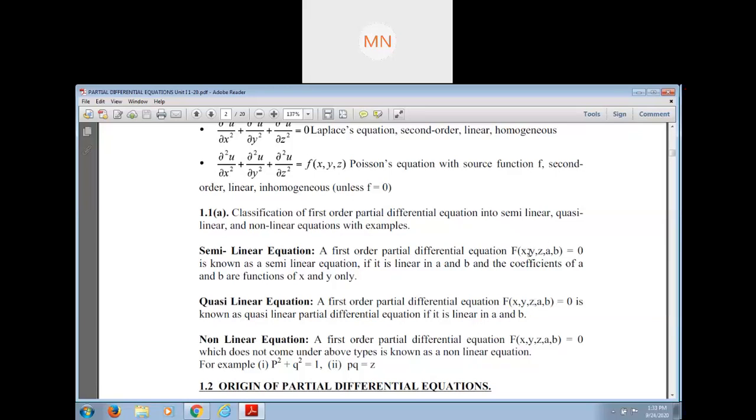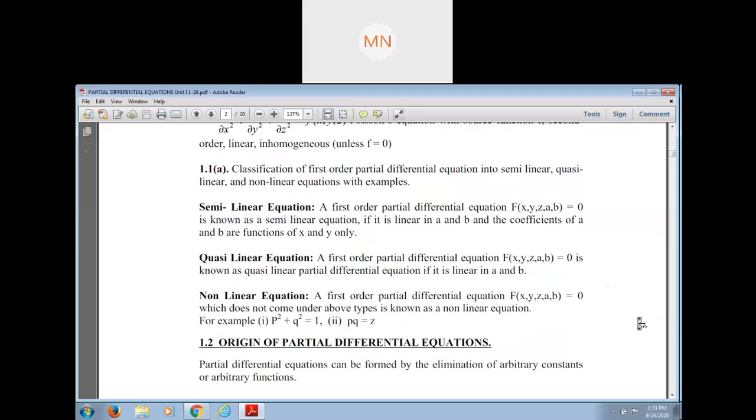This equation represents a first order partial differential equation. In some books, in place of z, it is written as u. Don't confuse it. This is the first order partial differential equation.